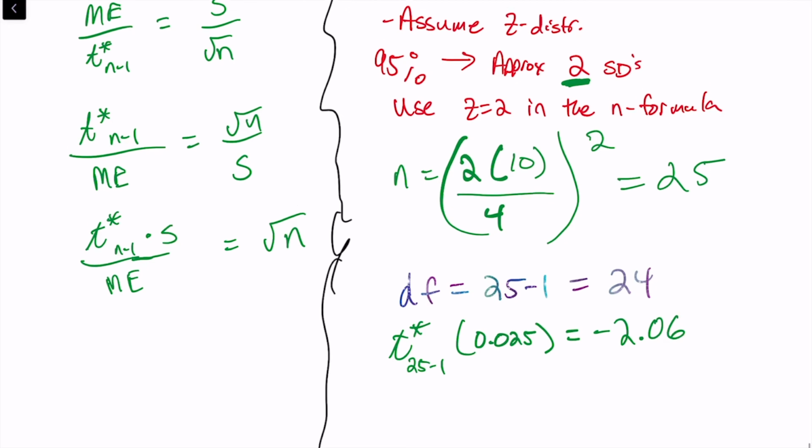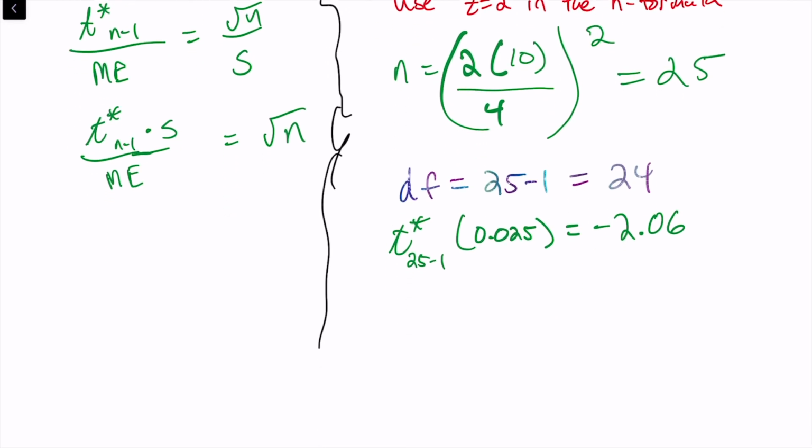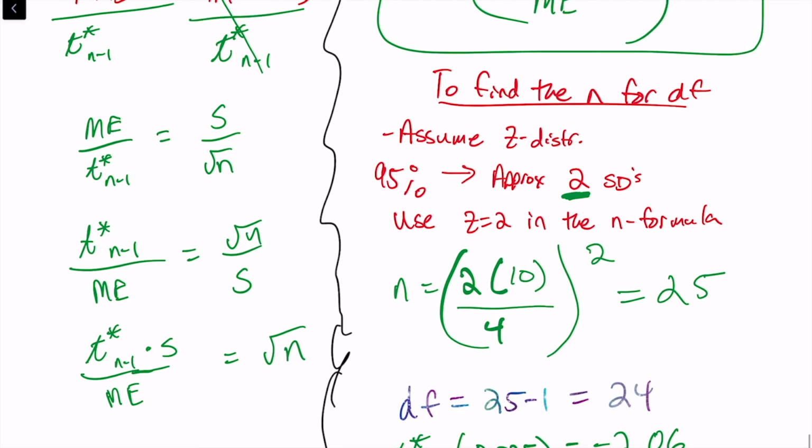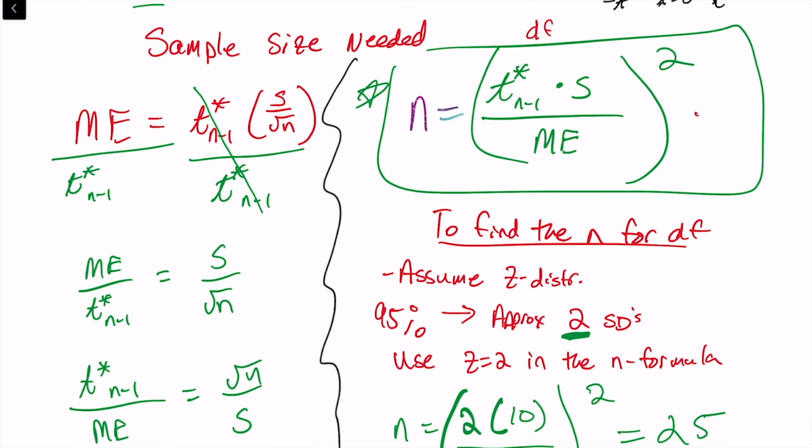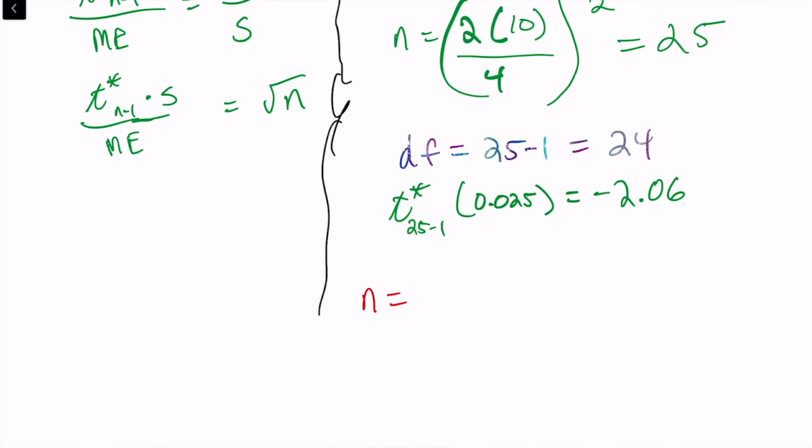That is our critical t-score, and finally we can say the sample size needed will be, we're going back to this formula. It's going to be our t star. All right, I'm sorry. When we did the calculator, we got a negative 2.06, but remember, we always use the positive version for our actual critical t-score.